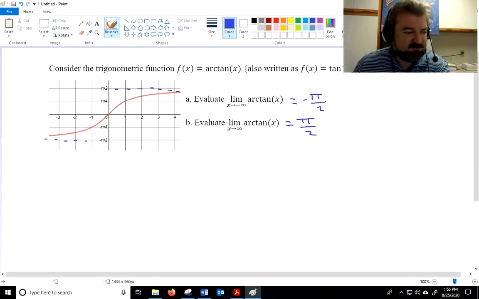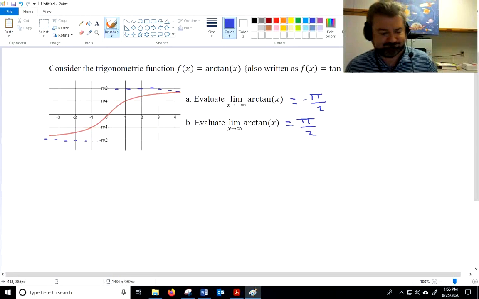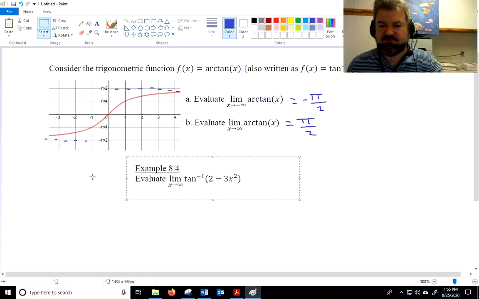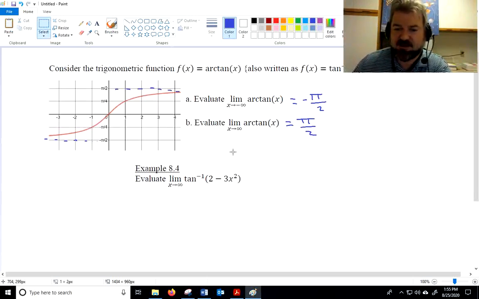Okay, so let's use that. We're going to evaluate the limit as x goes to infinity of inverse tangent of 2 minus 3x squared.